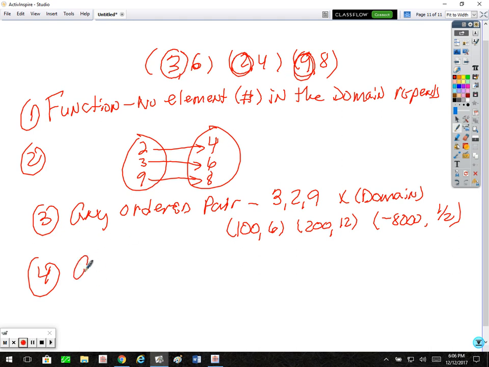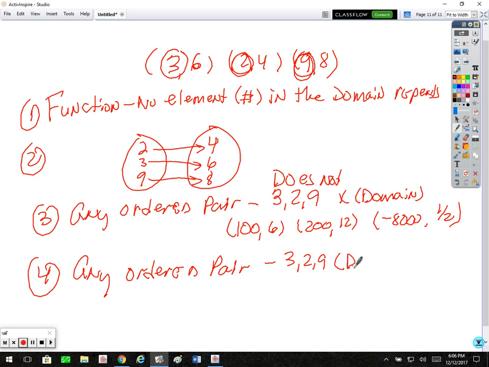So what I'm looking for is any ordered pair that this time includes the number 3, 2, or 9. So this one does not use 3, 2, or 9, and I need any ordered pair here that does use 3, 2, or 9. So something can be like (3, 100), (2, 50), (9, 1/2).